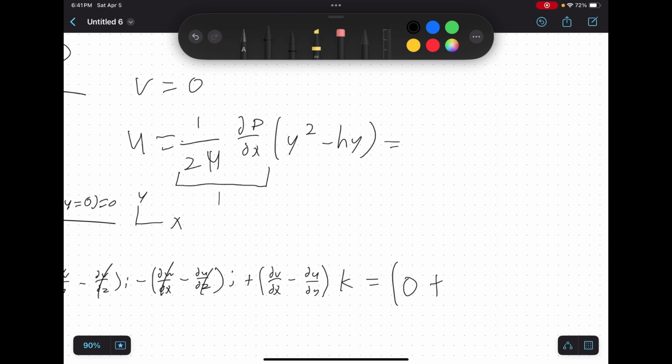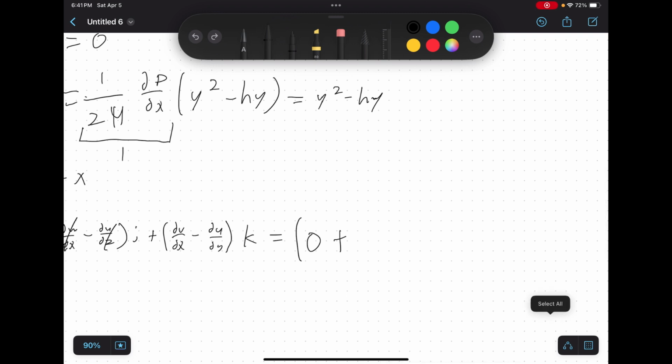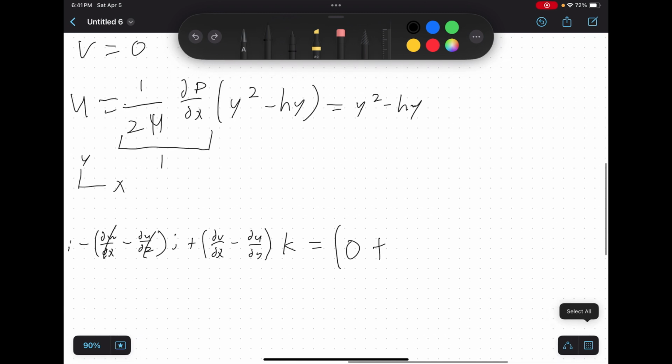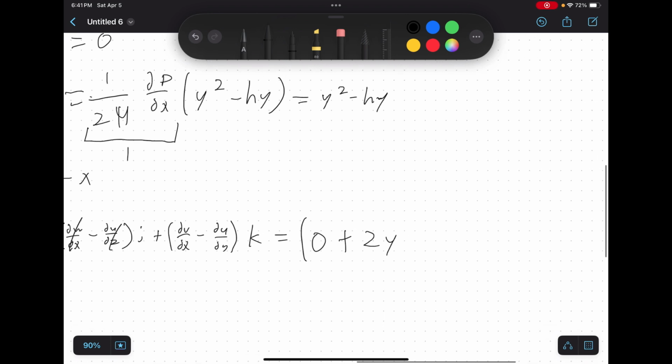So that way we're left with y squared minus hy. I just don't want to write it. You can multiply it all by it. It literally won't matter. But I'm just going to call it 1, so I don't have to write as much. So if you take the derivative of that with respect to y, you'll get 2y minus h.